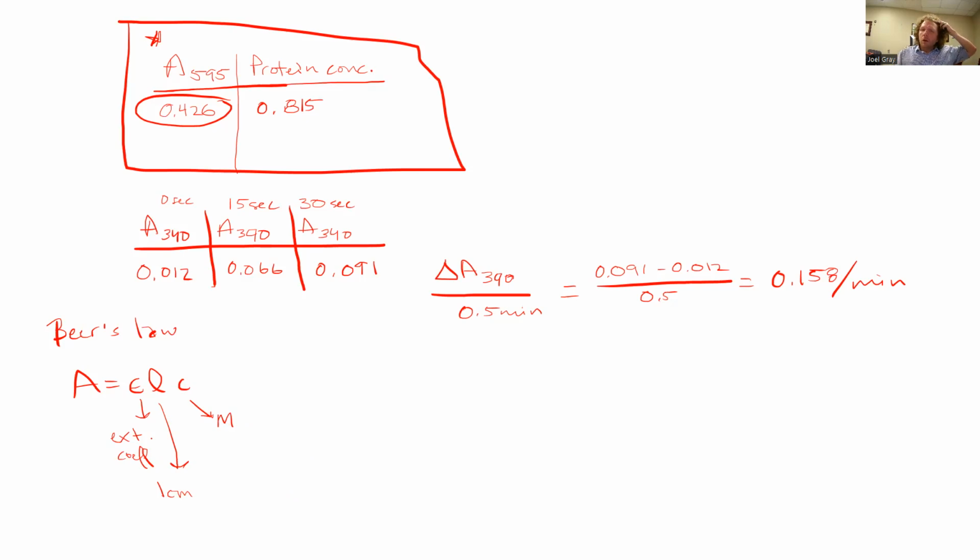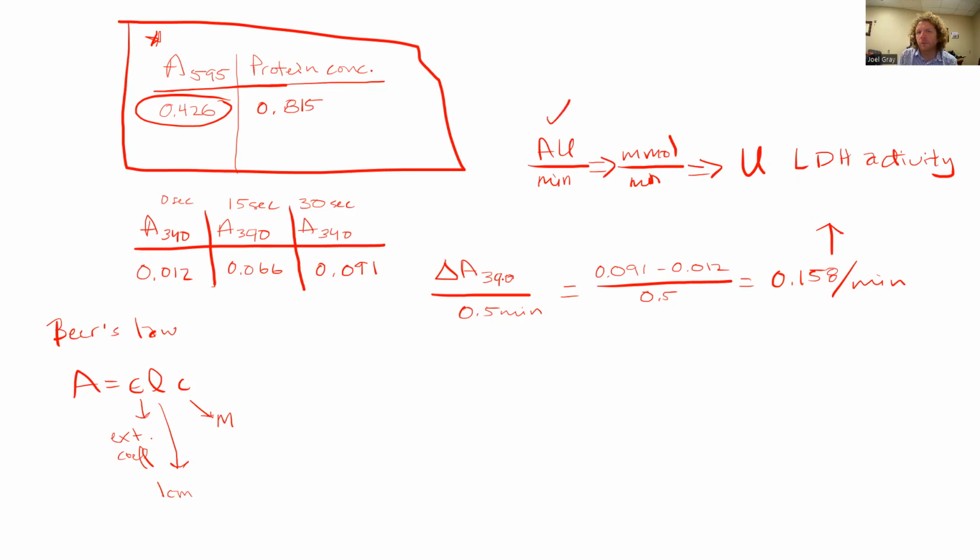How we use this number is a little bit complicated, because we're going to convert this from absorbance units per minute, so basically AU per minute, to millimole per minute, to units of LDH activity. So that's kind of our progression.